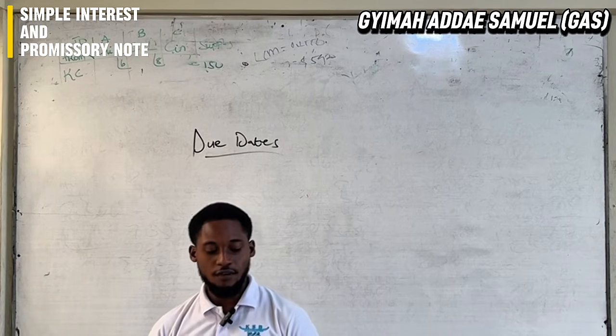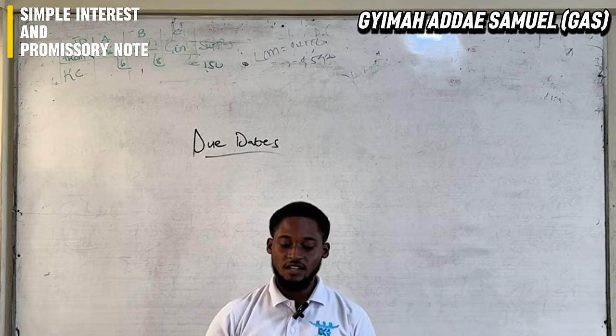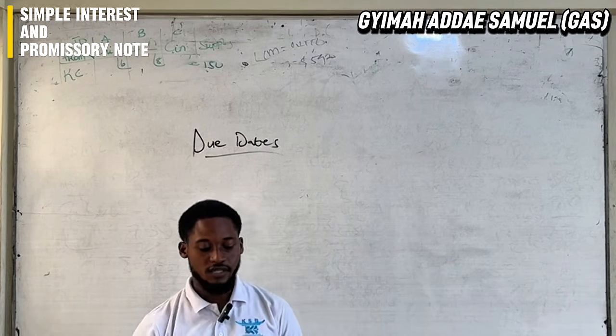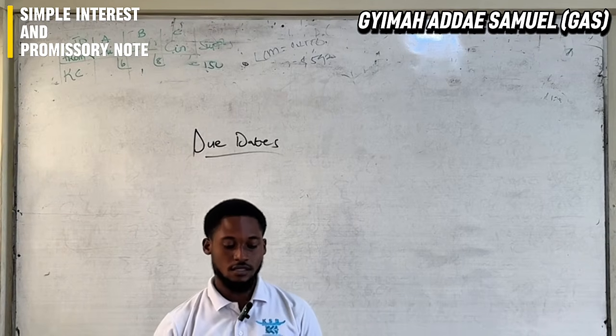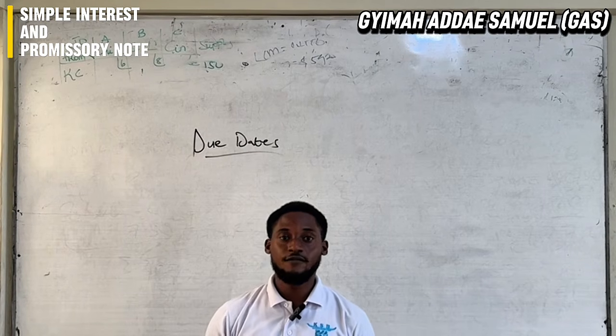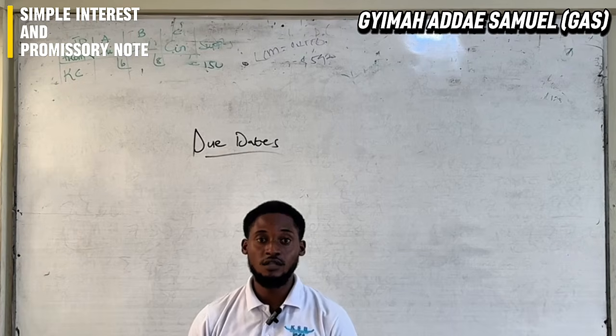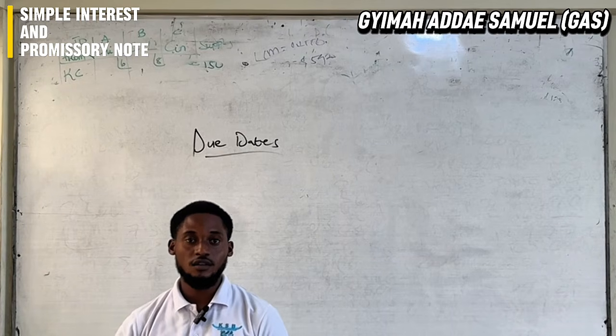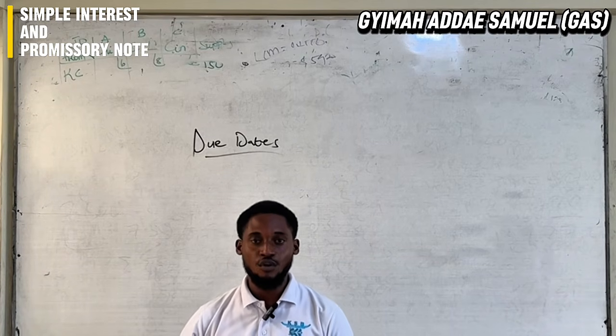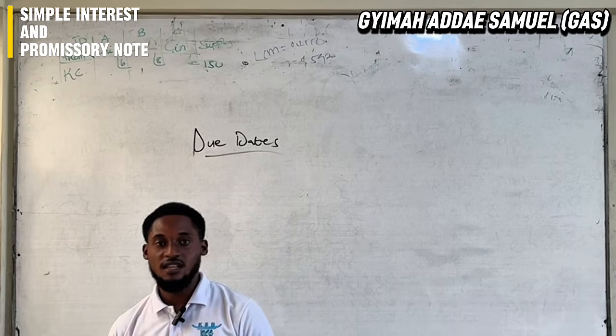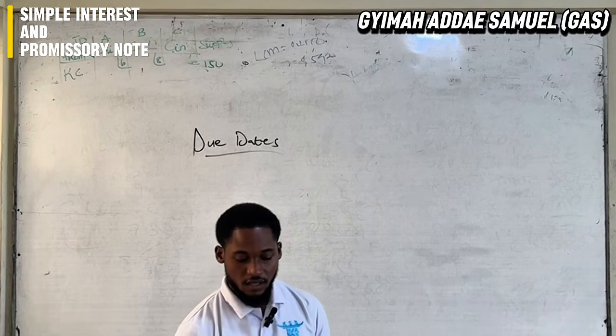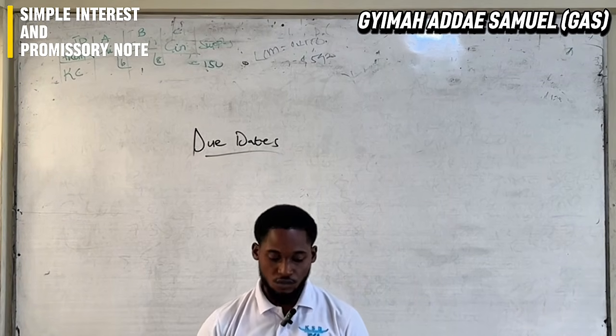So if the term of a loan is given in months, the due date of the loan is a corresponding day in the maturity month. So if I tell you you are to pay the loan in April, the corresponding day in April is the day you are paying the loan. There are two conditions worth noting.